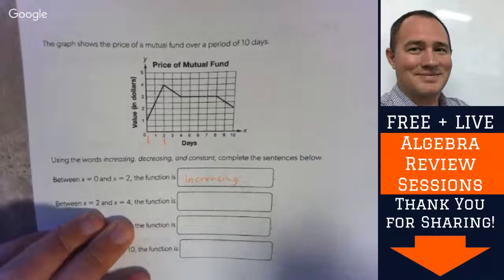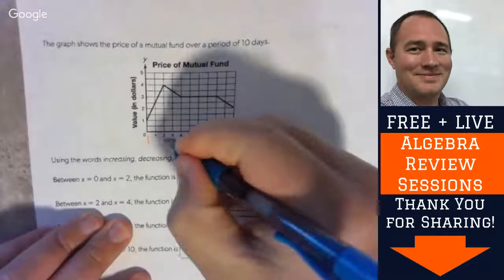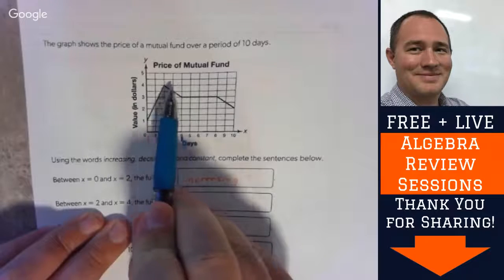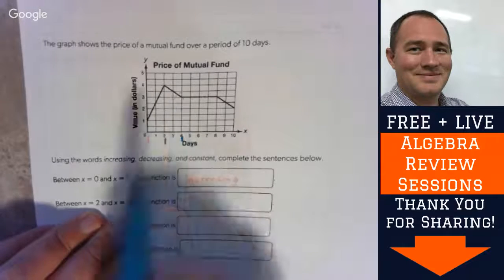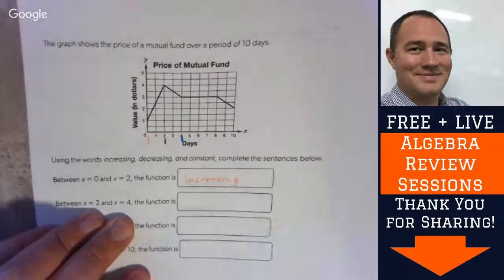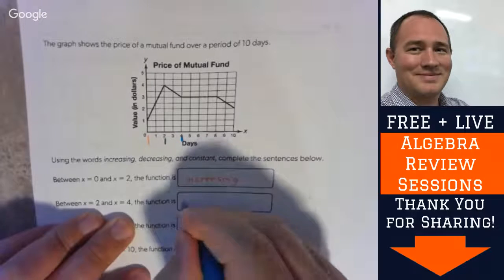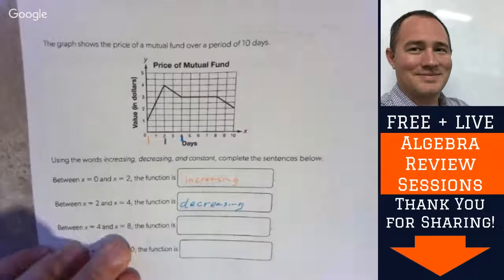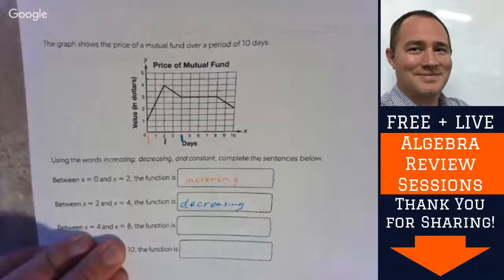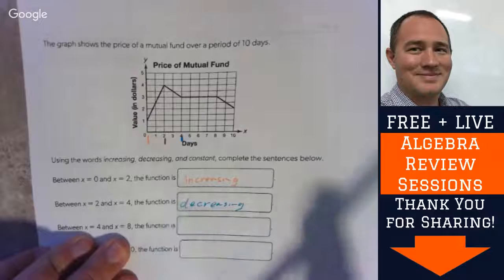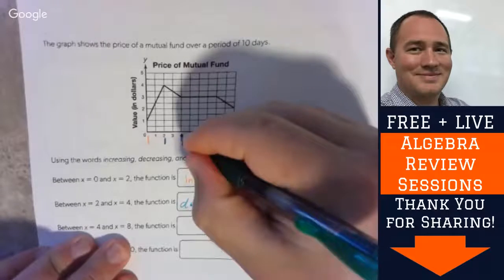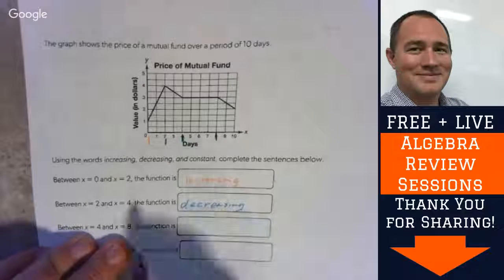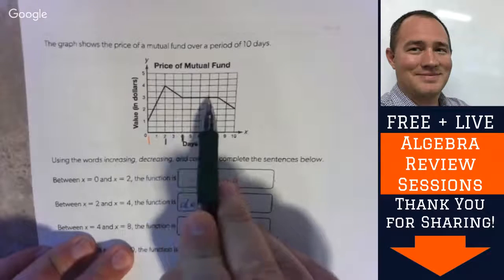Between 2 and 4, so that would be from here to here, if we were walking along this from left to right, that would be downhill, so we would call that decreasing. Between 4 and 8, so that would be between here and here, that is neither increasing or decreasing.